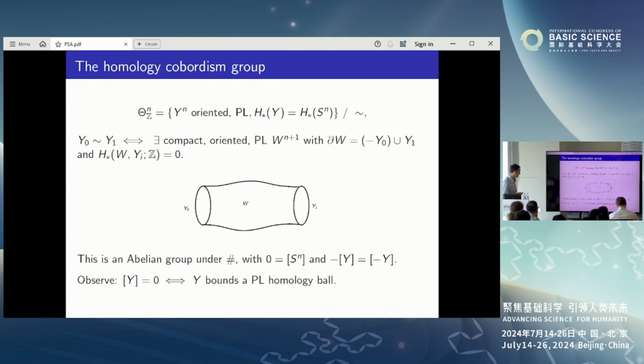The n-dimensional sphere is the 0 element, and minus is changing the orientation. Okay, so what is it? Oh, by the way, an element is 0 if and only if it bounds a homology ball. The element is equivalent to the sphere. Okay, it's an interesting group, but it turns out that, well, the work of Kervaire in the 60s showed that this group is 0 for n different than 3.